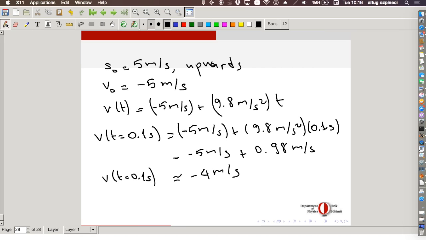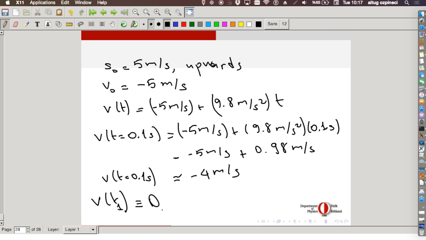Did it slow down or speed up? It slowed down. Now, it will keep slowing down as long as it is going upward, because the velocity and acceleration are pointing in opposite directions. And at time t1, the velocity will be 0.